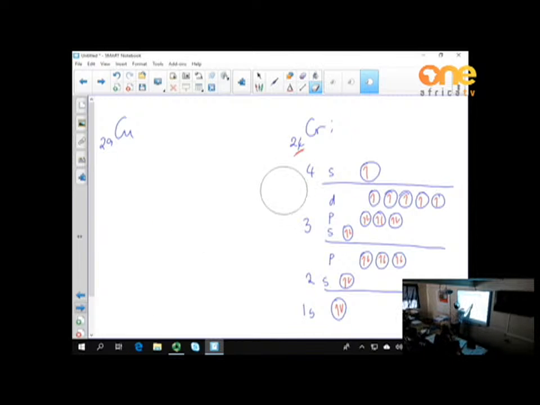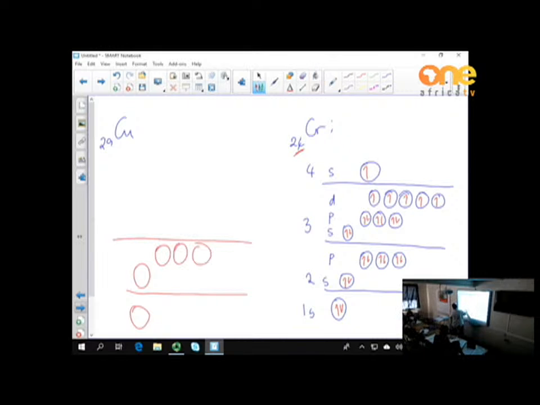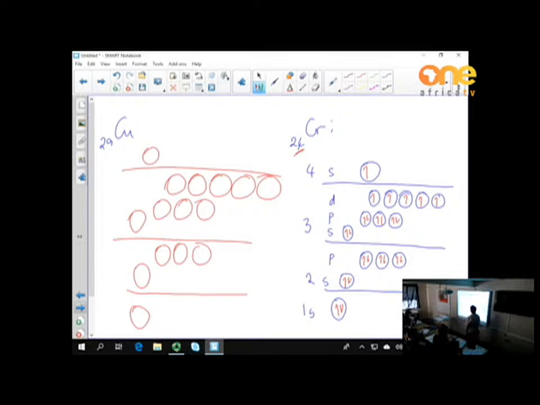And copper is going to go as follows. We also have 1s, 2s, 2p, 3s, 3p, 3d and 4s. Okay, now copper has got 29.